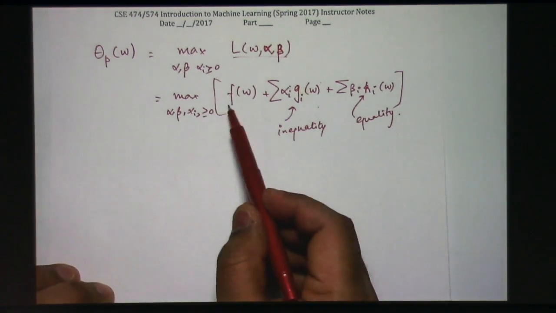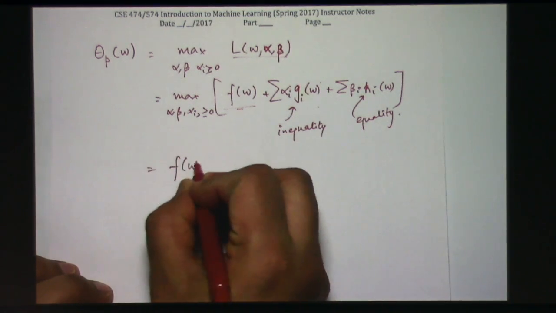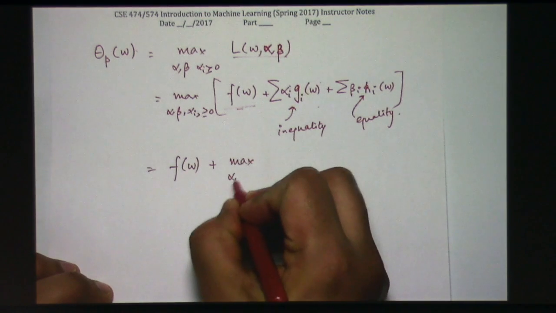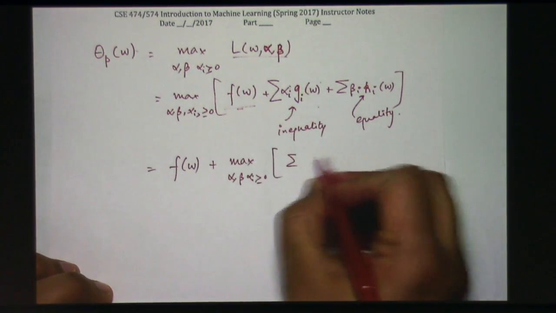One thing you can see is that this part does not depend on alpha beta, so this will be the same as f of W, whatever W it is, plus max over alpha beta of this summation.